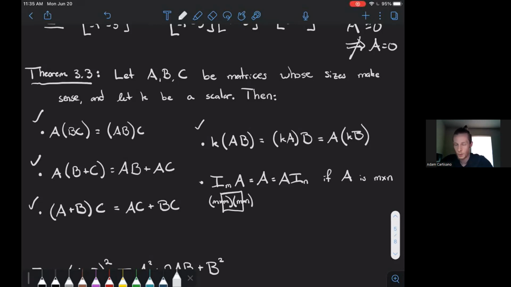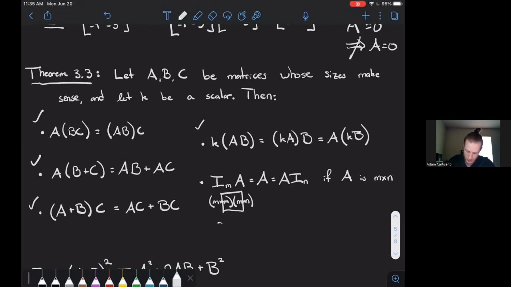If you want a multiplicative identity, then the identity matrix of the right size, like the size of the side that you're multiplying it on, will do the job. So if you take the m by m identity matrix and multiply it on the left of A, some matrix which is m by n, you will get the original matrix back.